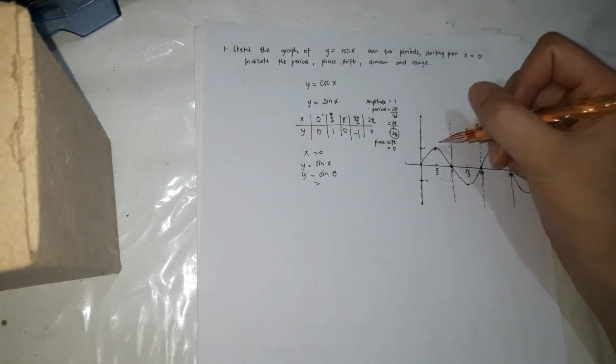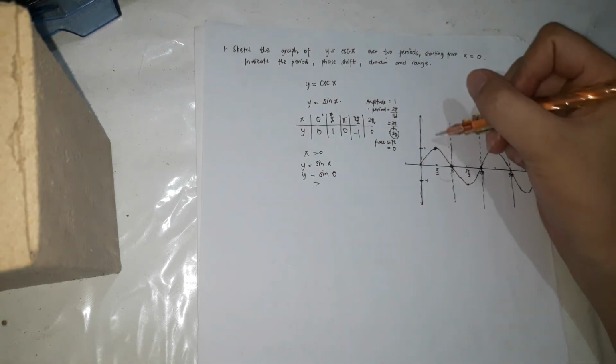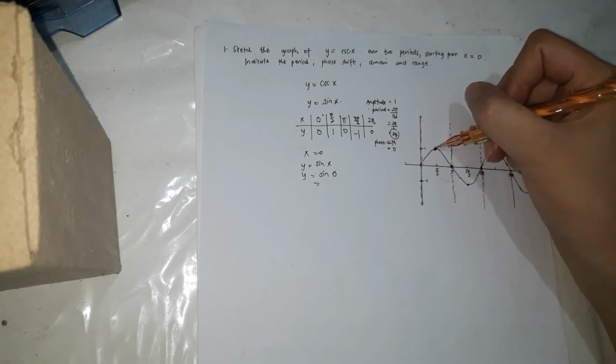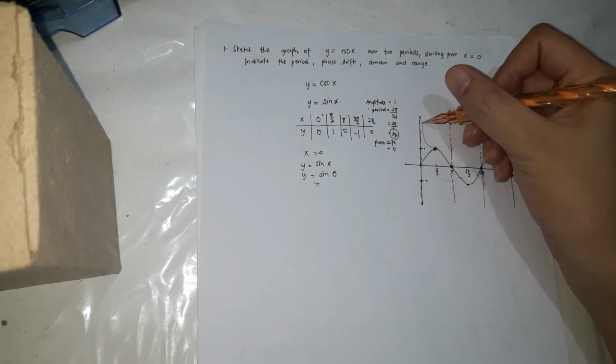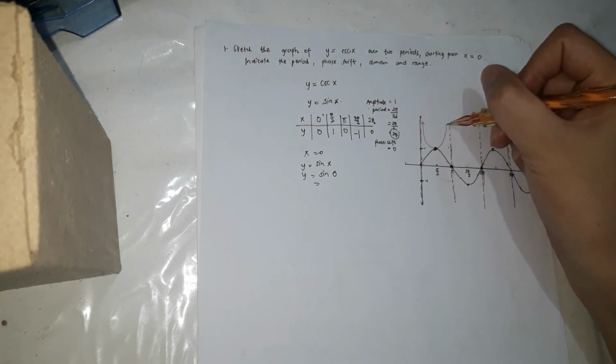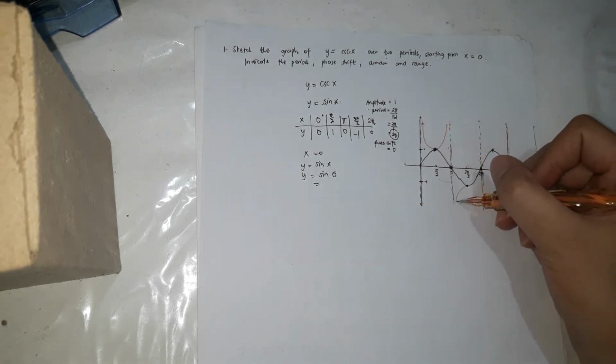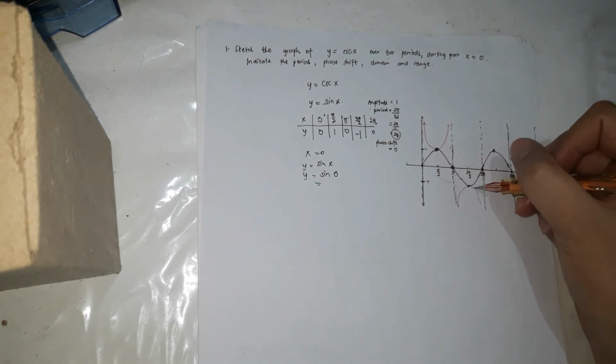Actually, the graph of cosecant is ganito. Dito sa tip nitong curve, gawa ka lang ng parabola. Iyan siya, si cosecant x.